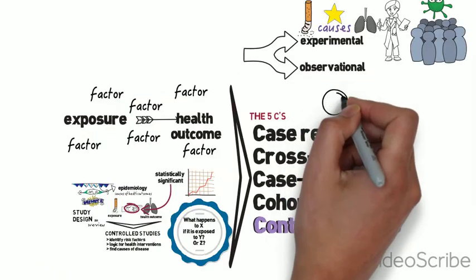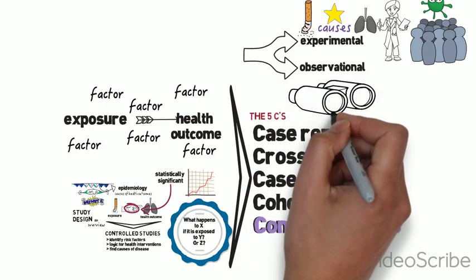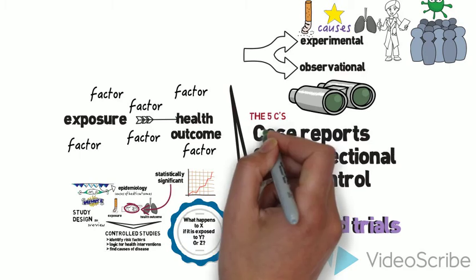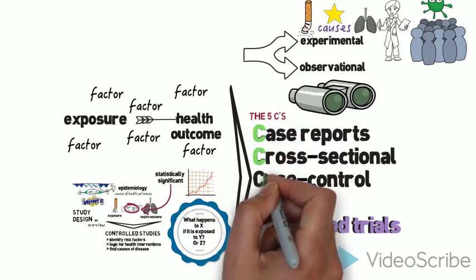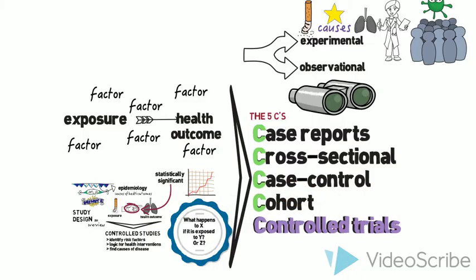Most of the time, observational studies are needed to discover how certain exposures are related to various outcomes. The remaining of our 5 C's are observational study designs: uncontrolled case reports, cross-sectional studies, case control studies, and cohort studies. Each of these study designs has a different purpose, and each has its own pros and cons.